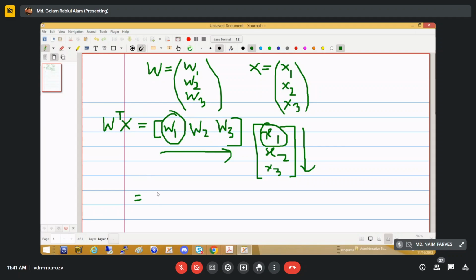So that means we will get W1 times X1 plus W2 times X2, and plus W3 times X3.